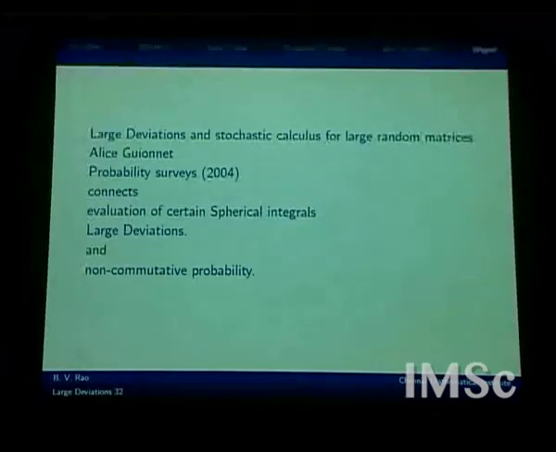Now, there is a nice review article, Large Deviations and Stochastic Calculus for Large Random Matrices by Alice Guionnet in Probability Surveys. It connects evaluation of certain spherical integrals, large deviations and non-commutative probability.